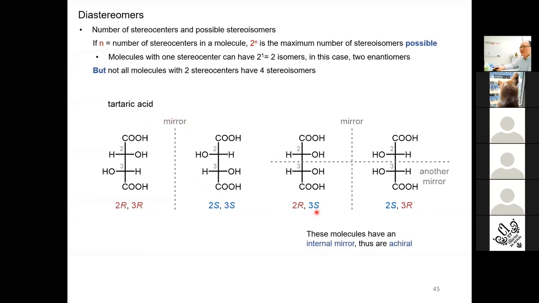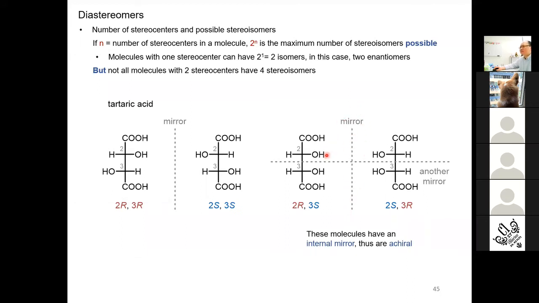And then another pair, 2R, 3S, whose enantiomer should be 2S, 3R, correct? And then they have a mirror image here. The complicated thing is that the molecule with 2R, 3S already has an internal plane of symmetry inside the molecule.